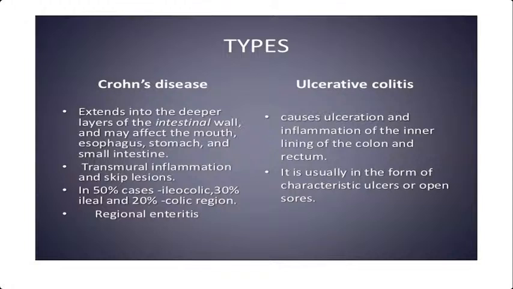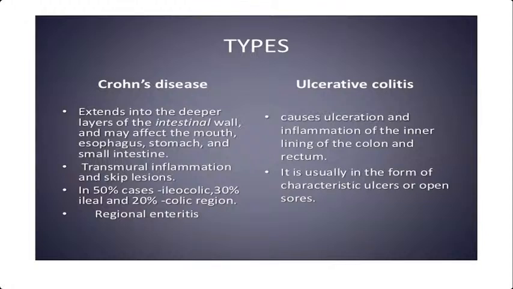Whereas Crohn's disease tends to be not just a mucosal disease, but a transmural disease, and may affect the entire GI tract, all the way from the oral mucosa to the small intestine, and on occasion some part of the colon.